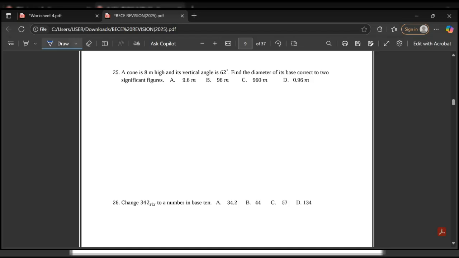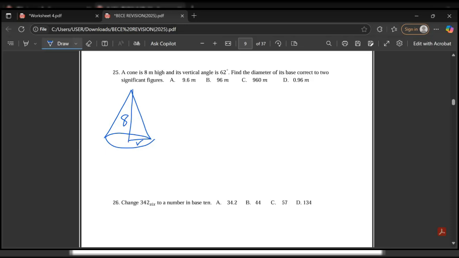For this, we have a cone. It's 8 meters high. You draw the cone. This is the radius of the cone, r. The height of the cone is 8.